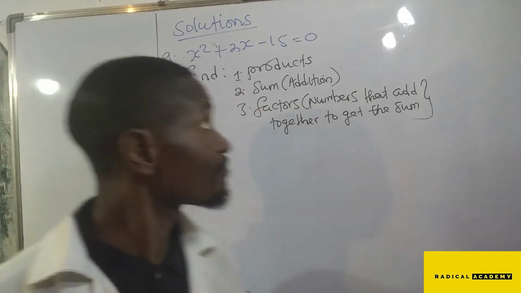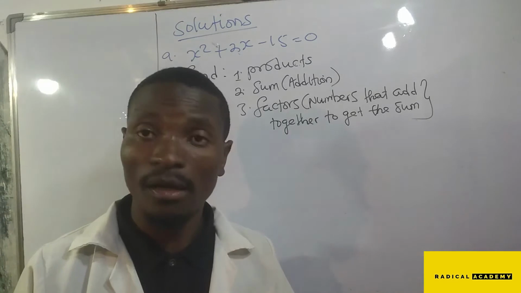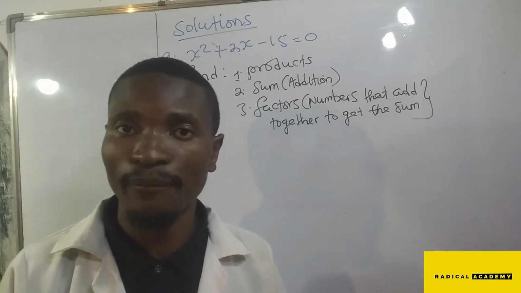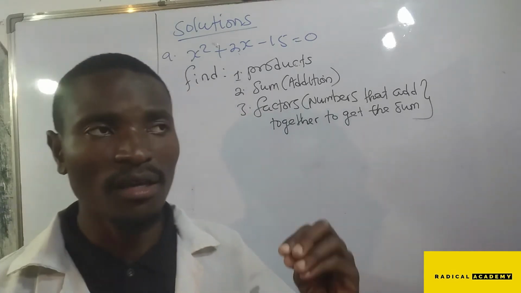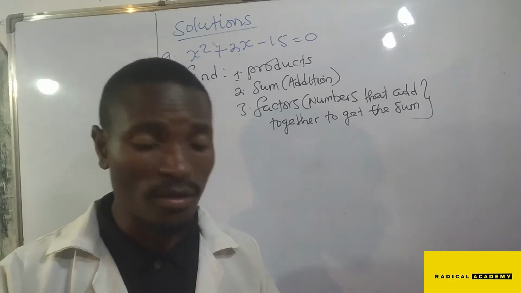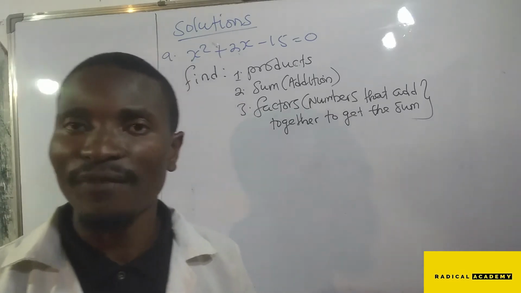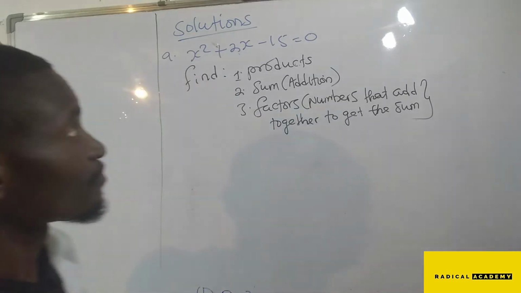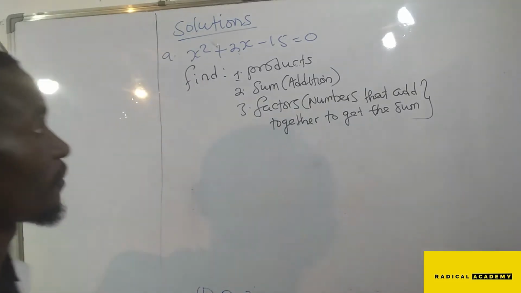Now we are saying that when you are solving a quadratic equation using the factorization method, you find the product, you find the sum as well, and finally you also find the factors. Now, how do we find the product?